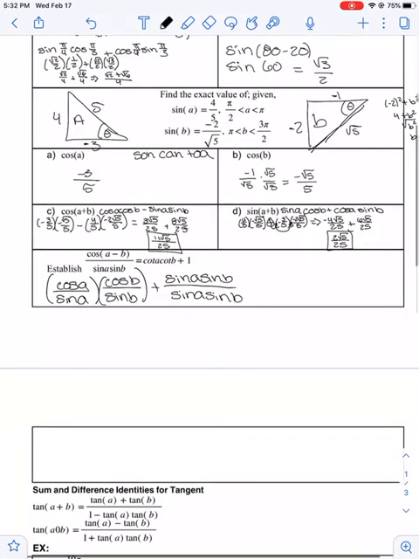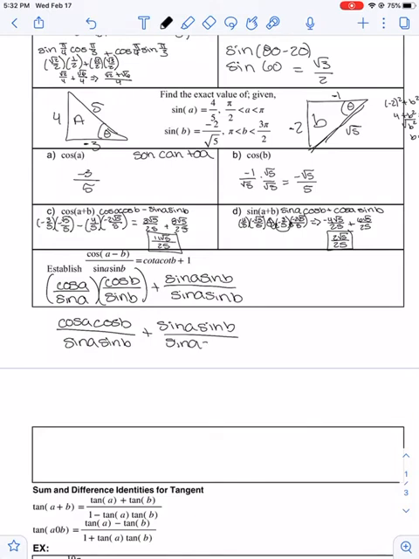All right, next, I'm going to simplify, put together that right side to be cosine A cosine B over sine A sine B plus sine A sine B over sine A sine B. And now look, we have a common denominator, and we can add these together.